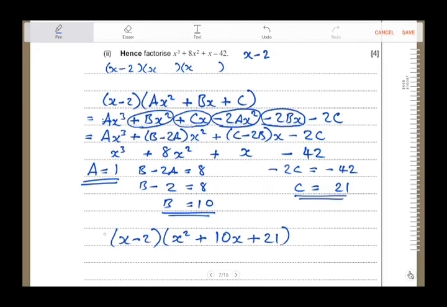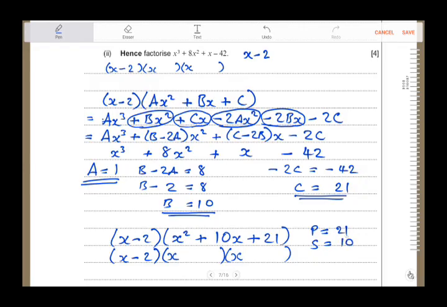So now all I need to do is factorise that expression into the two brackets I want. Now we know it's going to be x in both. The two numbers in there, the product is 21, and their sum, the coefficient of x, is 10.